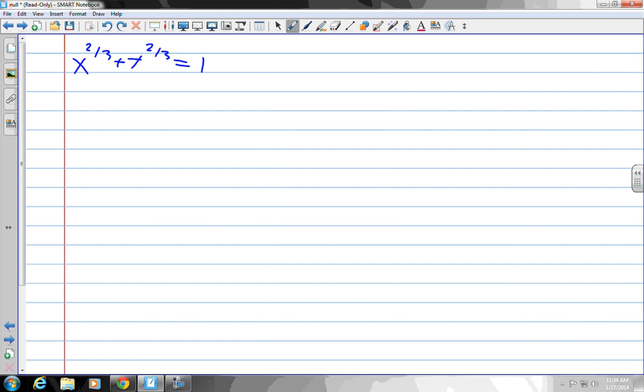So if I take the derivative, it's 2/3 x to the negative 1/3 plus 2/3, nah. I'll still have a y in there some way. y to the negative 1/3 y prime, right? I start solving. Nah. I lost interest in the rest of this.